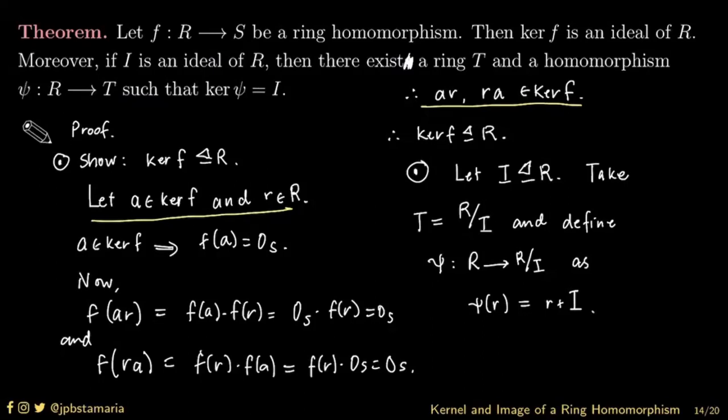So this will be our definition of psi. So let's prove that psi is what? Psi is a ring homomorphism at ang what do you call this? At ang ayun bang ginagawa ko? Wait a minute.